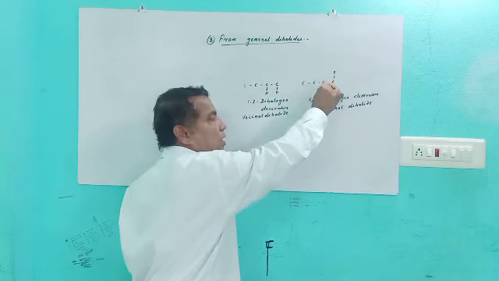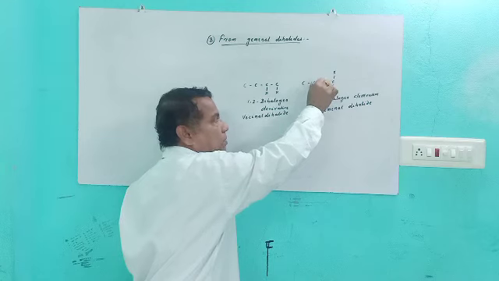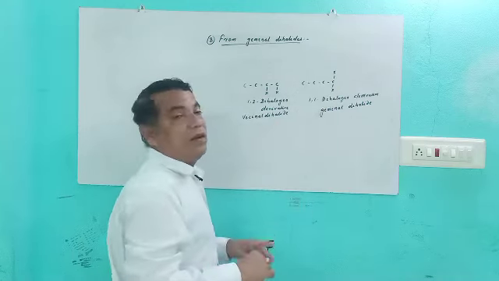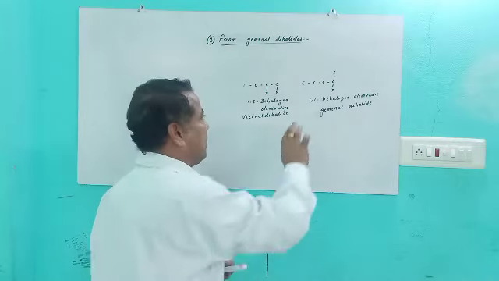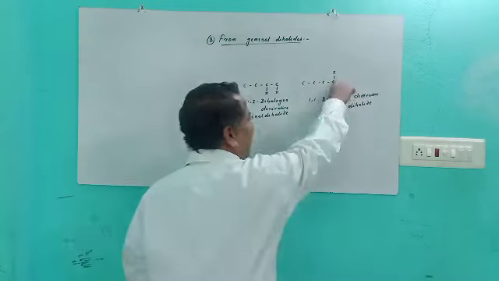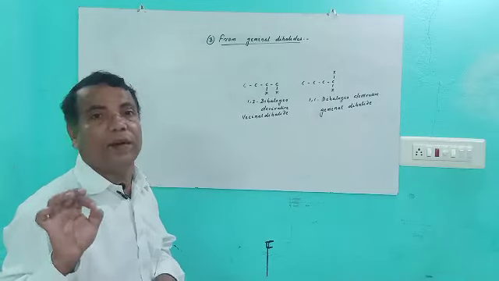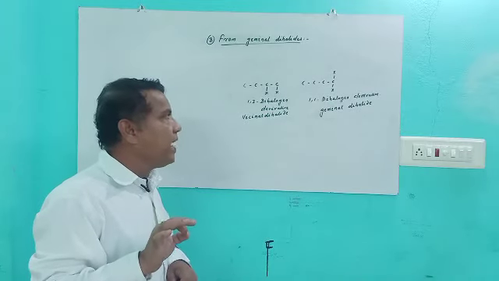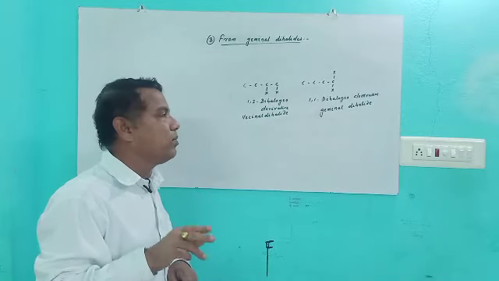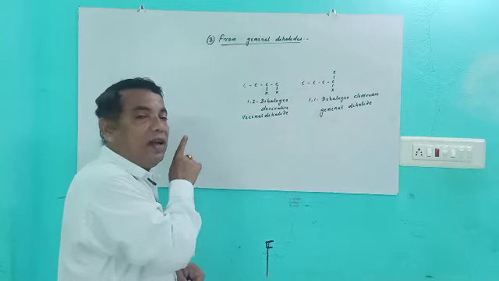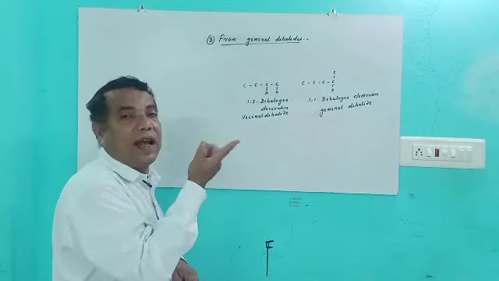It can also connect with carbon number 2. So geminal dihalides may be terminal or non-terminal. Terminal geminal dihalides contain two halogen atoms directly linked with either the first carbon atom or the last carbon atom.